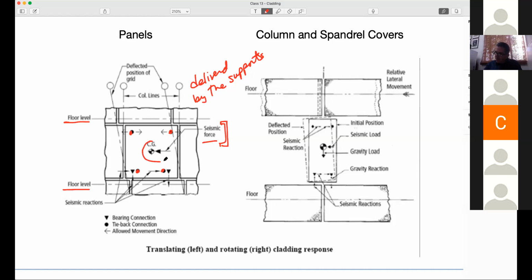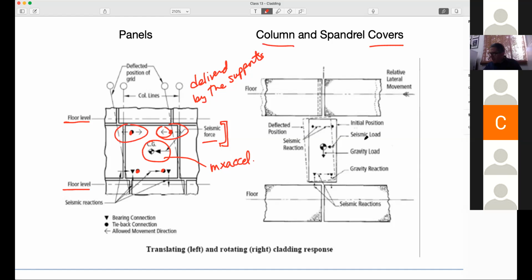And then also right here, that would be the mass times acceleration. So this is also known as the inertial force, and that inertial force is resisted by all the reactions that are occurring at all those different places. Here it would look like from something that would have a column or a spandrel cover.